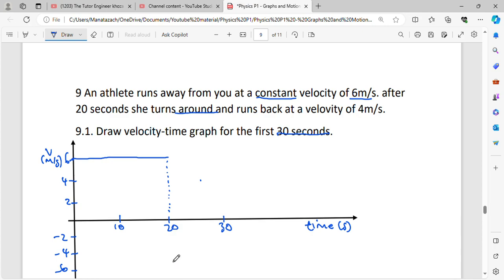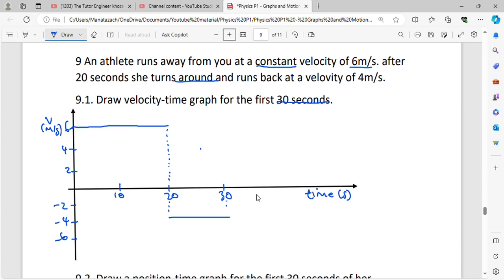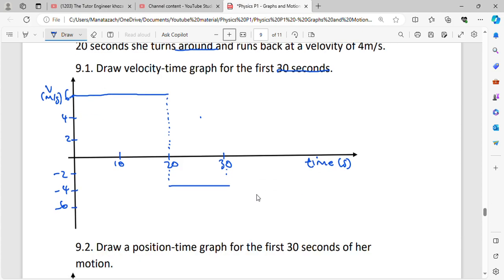So they'll turn around and run at 4 meters per second. Okay, so this is the graph of the velocity time for the first 30 seconds. So we are done. Let's go to the second question.